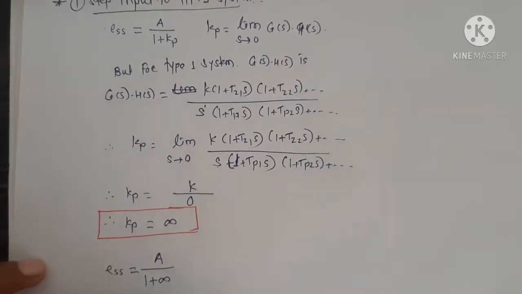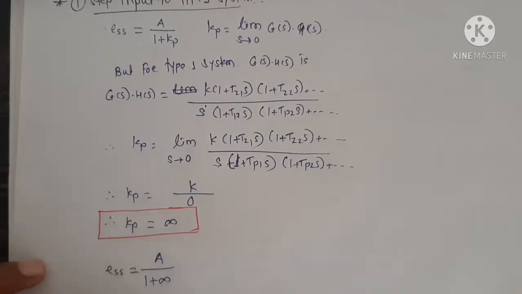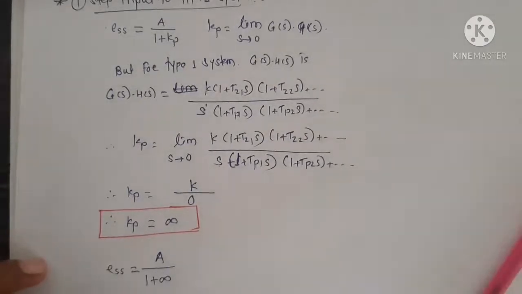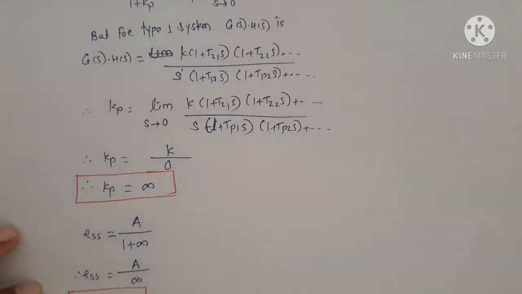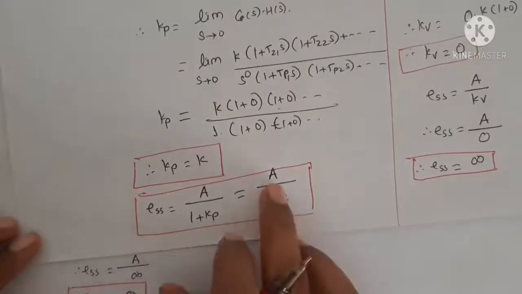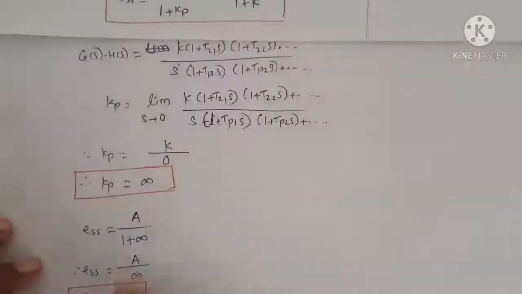Therefore ESS is equal to A upon infinity, and if infinity comes at the bottom, its value becomes 0. So ESS is 0 for step input for type 1 system. In type 0 system, ESS was A upon 1 plus K. For type 1 system, ESS is 0.